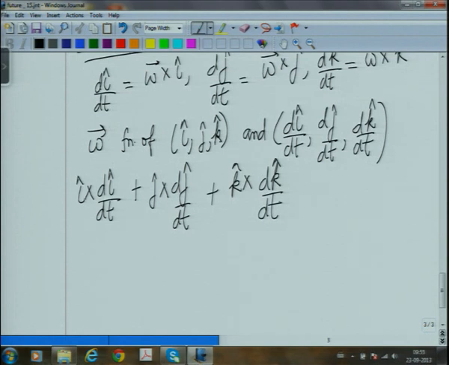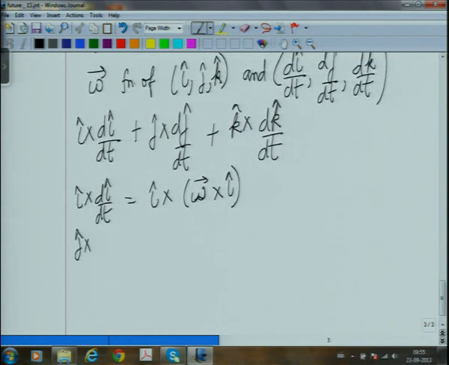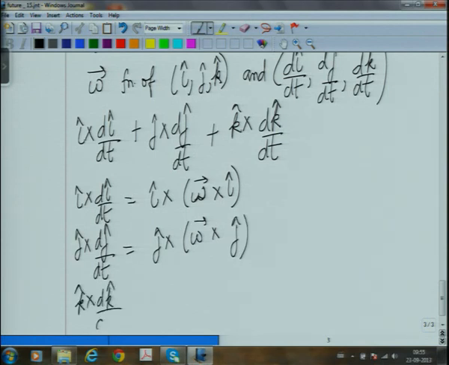So, i cross di by dt will be equal to i cross omega cross i. Similarly, j cross dj by dt will be j cross omega cross j, and k cross dk by dt will be k cross omega cross k.